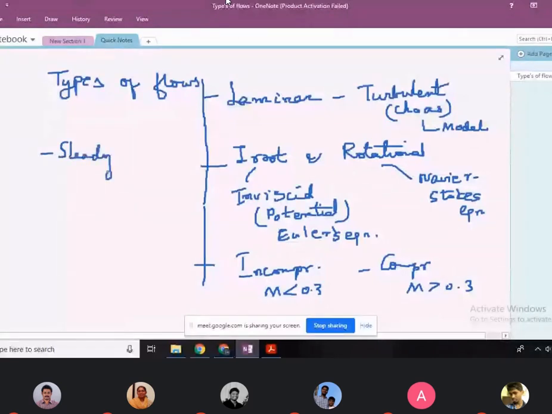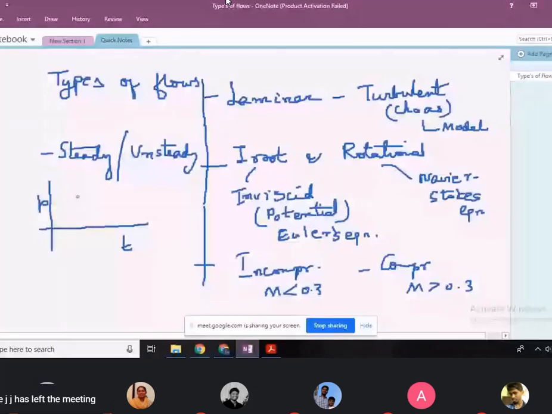Steady or unsteady flow. Here, if you are trying to understand the flow physics in terms of the time domain, you are tracking the properties of the flow against time. Let's say I am tracking pressure at a particular point in the fluid domain against time, and I get information like this, which means the property I'm tracking is always varying with respect to time.